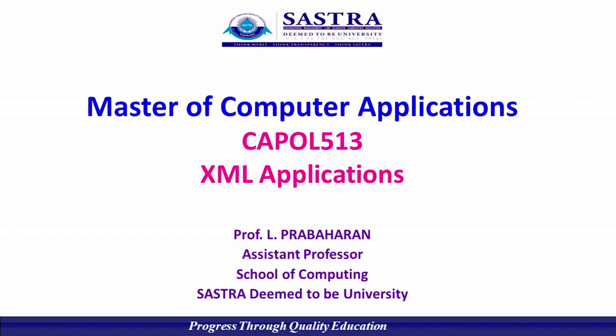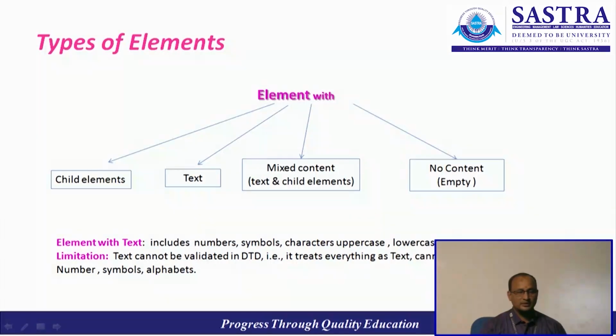The topic is defining various types of elements in document type definition. In XML, we have different kinds of elements like child elements, which is carrying another child element. The child elements may be in sequence or in different order.